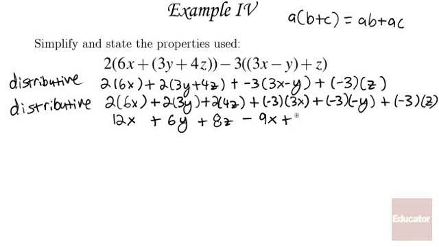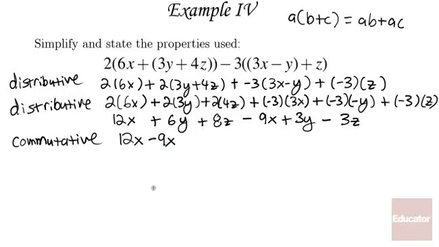Okay, now I'm going to group together like terms, and that's using the commutative property. I can change the order of these terms. So I have my x's, 12x minus 9x. I have my y's, and that is 6y and 3y.